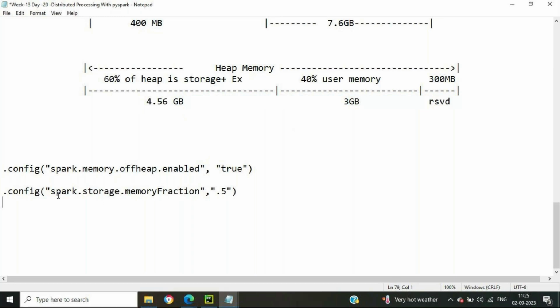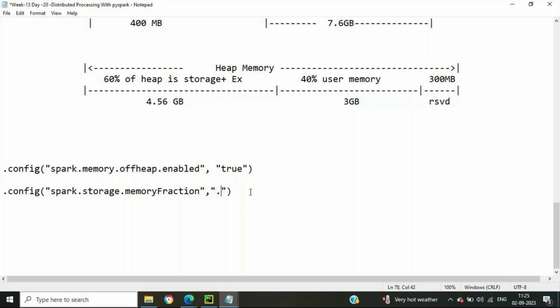If we mention spark.storage.memory.fraction as 0.5, then 50% of this will be fixed for storage and the remaining 50% will be utilized for execution.